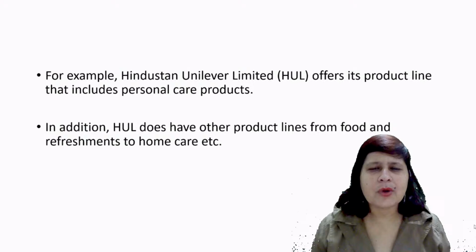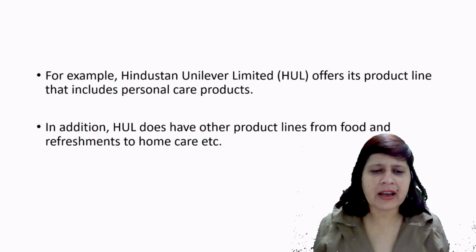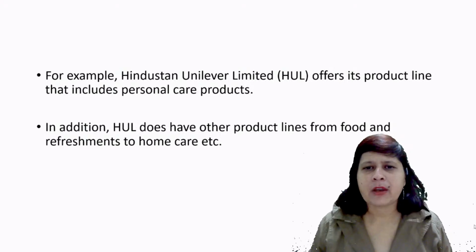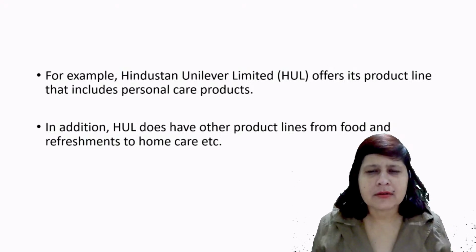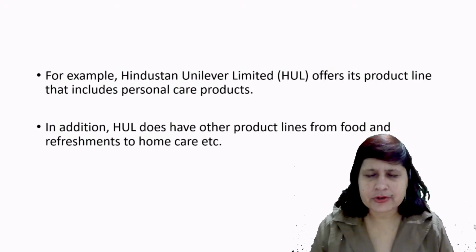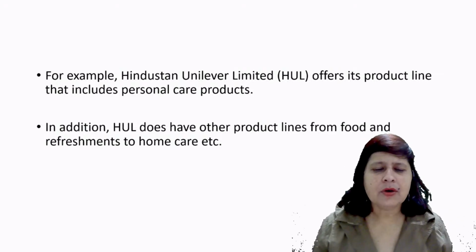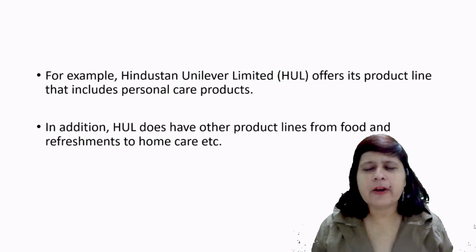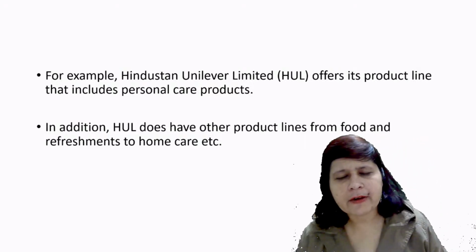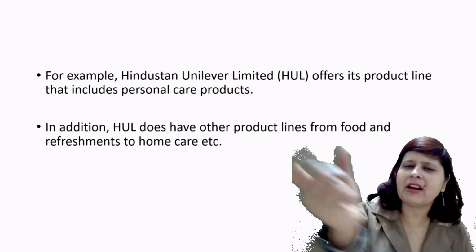For example, Hindustan Unilever Limited offers a product line that includes personal care products, right? Or say Dabur offers a product line that is related to medicines, right? So, Hindustan Unilever Limited offers a product line that includes personal care products. They have other product lines from food, refreshment, home care. So, what is the product line basically?